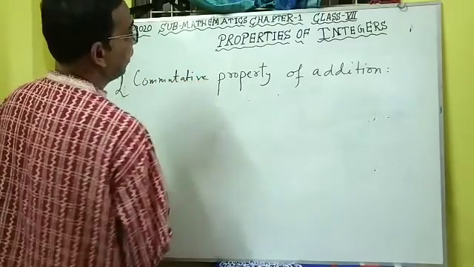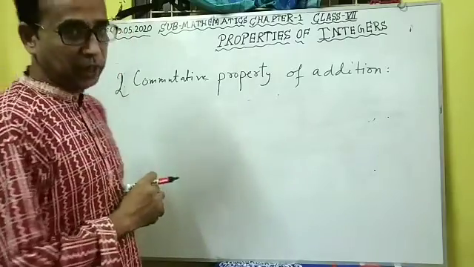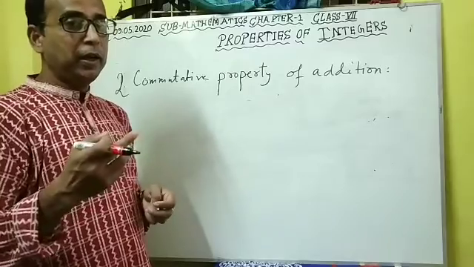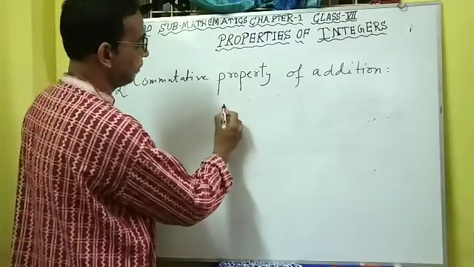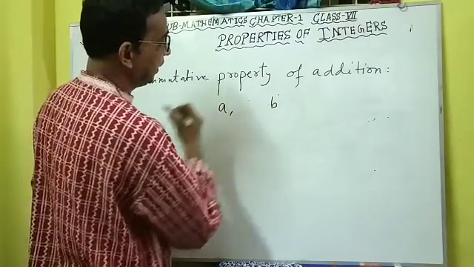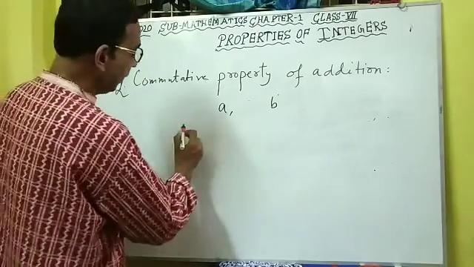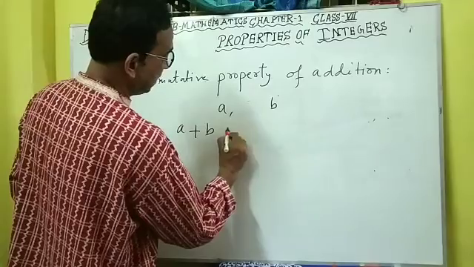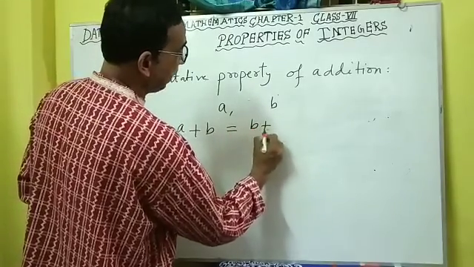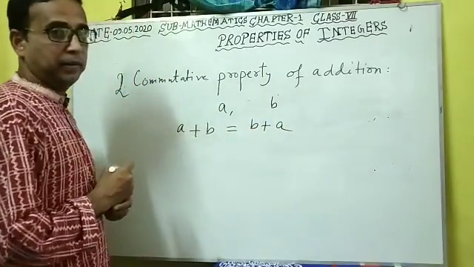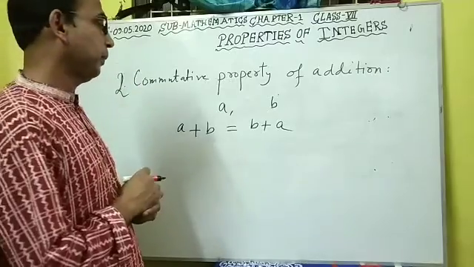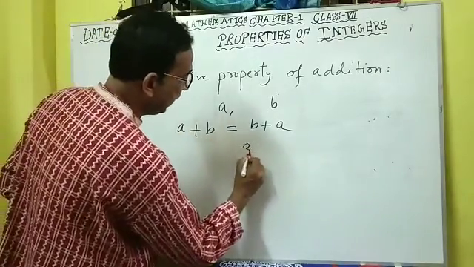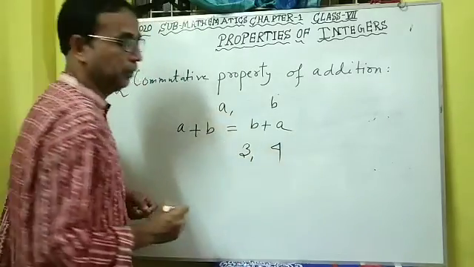Second property is commutative property of addition. For any two integers a and b, a plus b is equal to b plus a. For example, consider two integers 3 and 4.